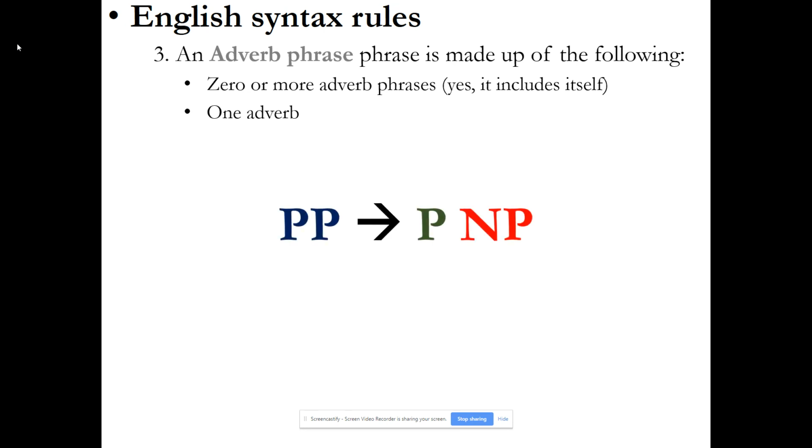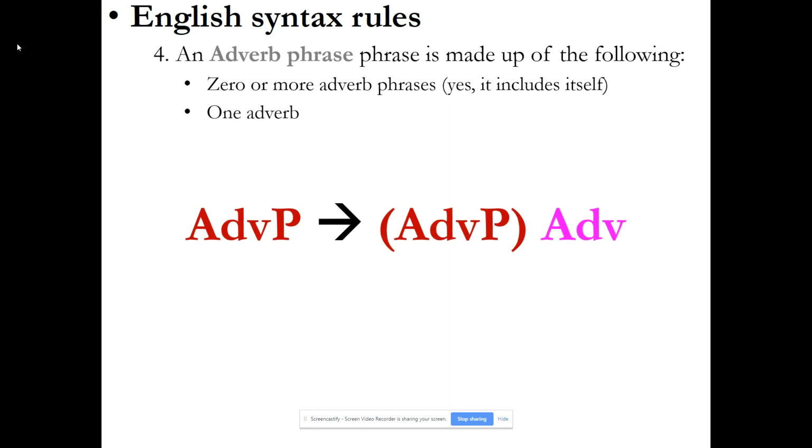Alrighty, so this is how it looks, right? Oh my, that does not look the way it's supposed to. I apologize. That is what you should be looking at, right? Adverb phrase is made up of an adverb phrase followed by an adverb.